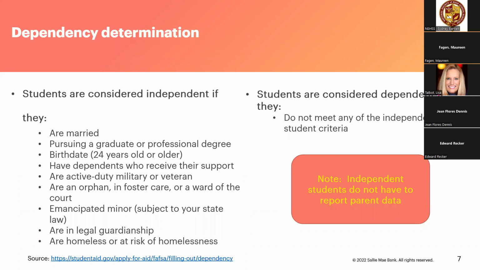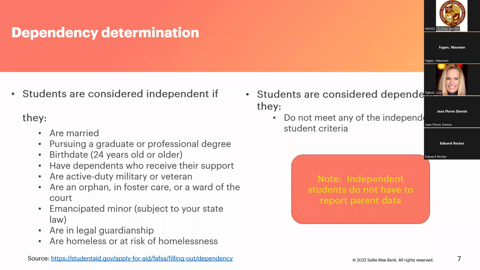So first, let's address whether or not a student is dependent. A dependent student is one that will be required to submit their parents' information along with theirs on the FAFSA. And I will comment that the majority of undergraduate students are considered dependent. So on the left side, you'll see those exceptions that would be independent.